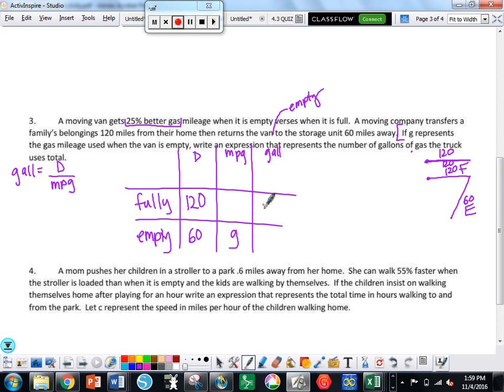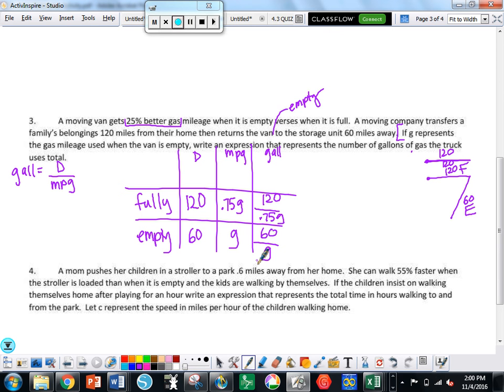How much worse? 25% worse. Does that make sense? Yes, I'm getting better gas mileage when it's empty, but if G is when it's empty, that means I have to deduct gas mileage when it's full. Now for the gallons, 120 over 0.75G and 60 over G are my two expressions.